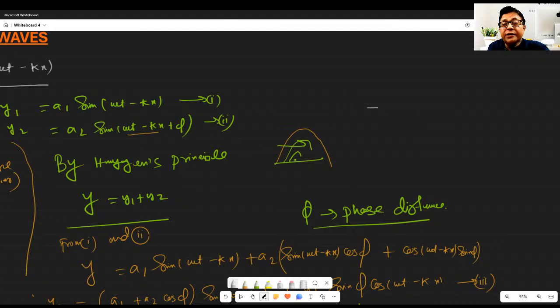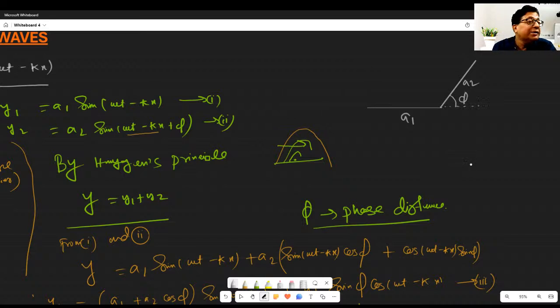The first vector has magnitude A1. The second one has amplitude, displacement A2. What's the angle between A1 and A2? Phi. So take this way.